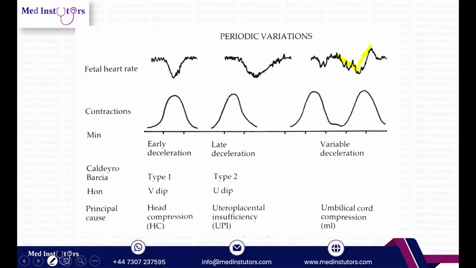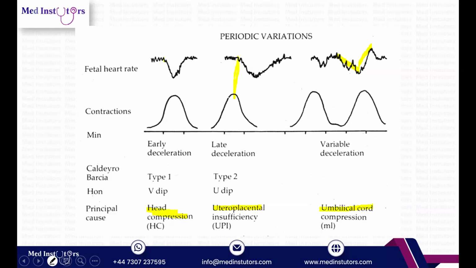Early decelerations usually happen because of head compression. So they're not always pathological because that can be seen in labor as well. Then late decelerations happen due to uteroplacental insufficiency. The deceleration starts after the contraction has peaked. And variable are due to umbilical cord compression and they are irrespective of the contractions.